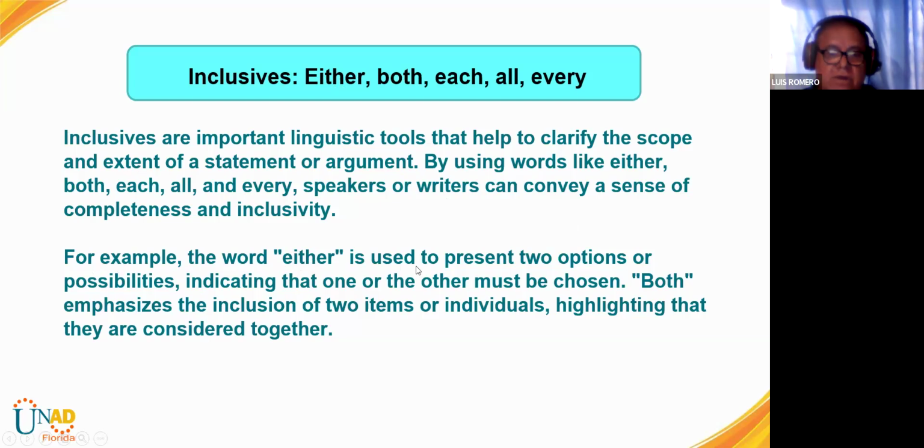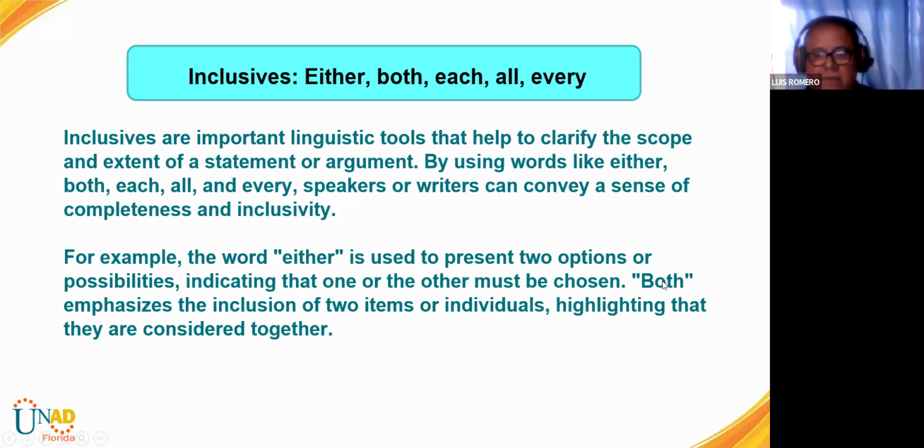The word either is used to present two options or possibilities, indicating that one or the other must be chosen. For example, if I say either this book or that one, I am giving you the option to choose between one book and the other. So in that case, I can use the inclusive either.